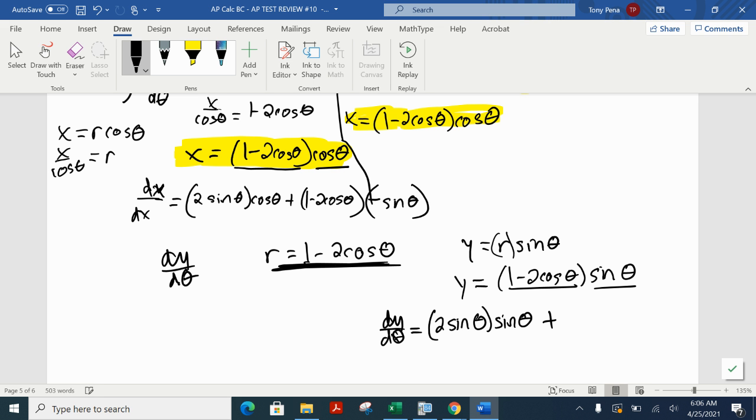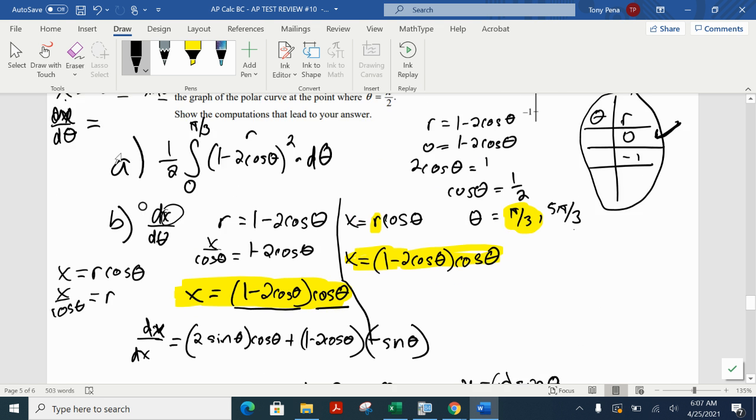And then with product rule, you're going to add, leave the first term alone, and then the derivative of sine is cosine. All right, so then that's B.